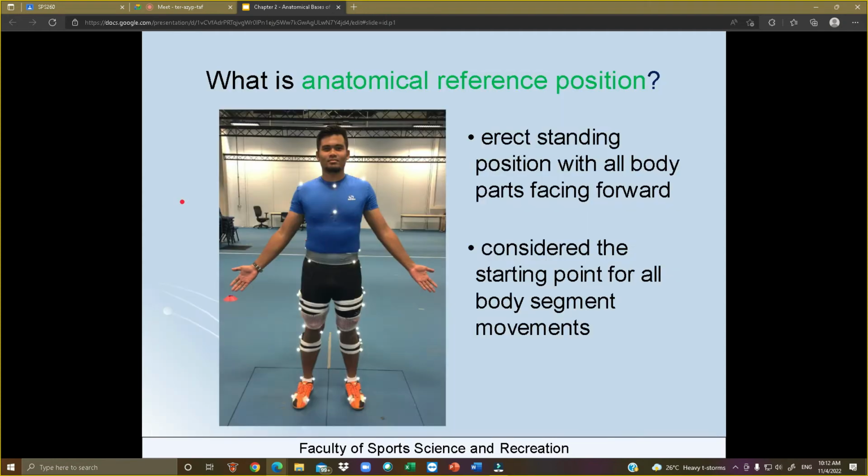Kita kena kembali kepada anatomical reference position. If we compare elbow dengan shoulder, which one is proximal, which one is distal to the body? The elbow will be distal. The shoulder will be proximal.